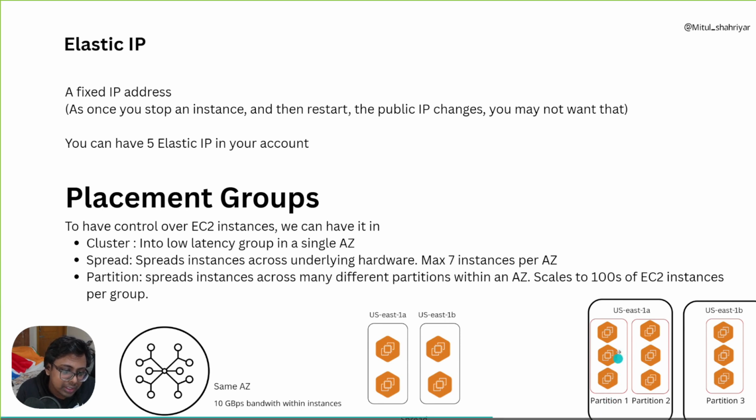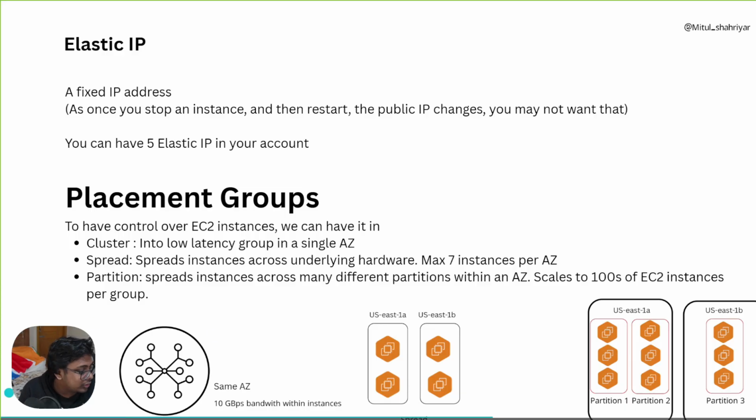You can see in partition 1 all of these instances are there, and partition 2 has different EC2 instances, so they are different. They are not connected together, but that gives you security, and it ensures that if something happens in any availability zone, another availability zone is there.